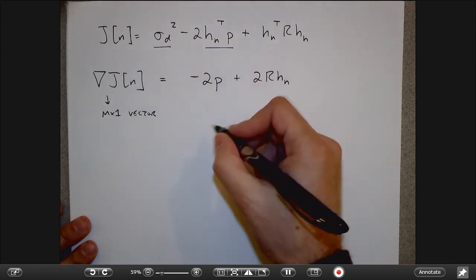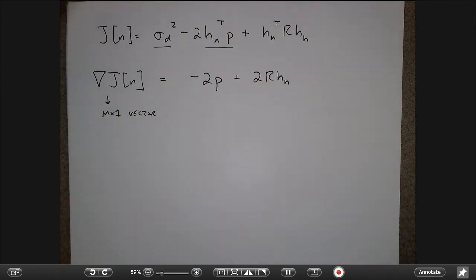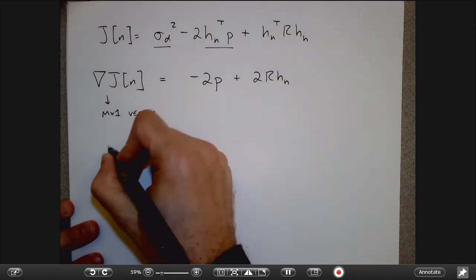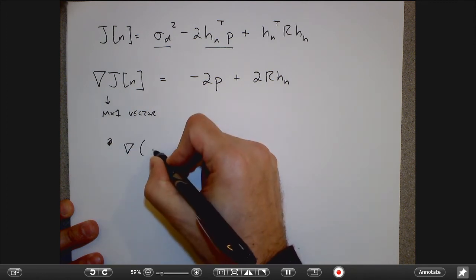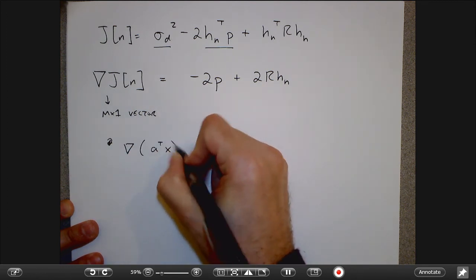For example, why is the derivative of this equal to 2p? Well, I can think about going back to my scalar equation and saying, what is the gradient of a transpose x, right?